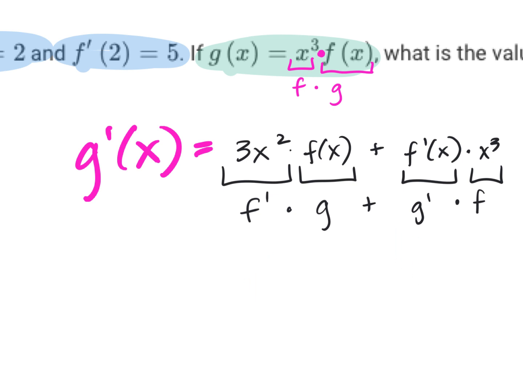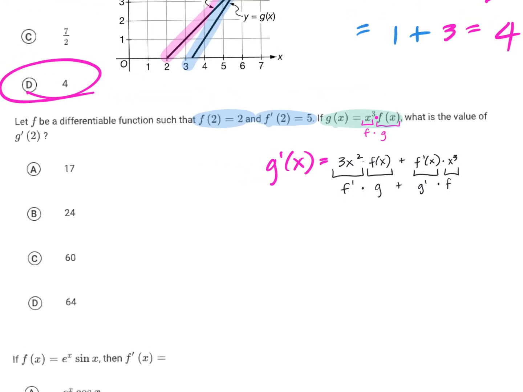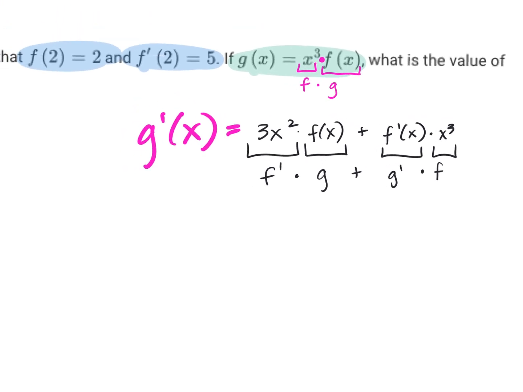Well, you agree they want g prime of 2. So I'm just going to put in a 2 for all of my x's before I get too confused. If I put a 2 in right here, 2 squared times 3, 12. And then I'm just going to write f of 2, just because this is our first day of seeing it. If you want to substitute in already, that's fine. I'm going to say f prime of 2.